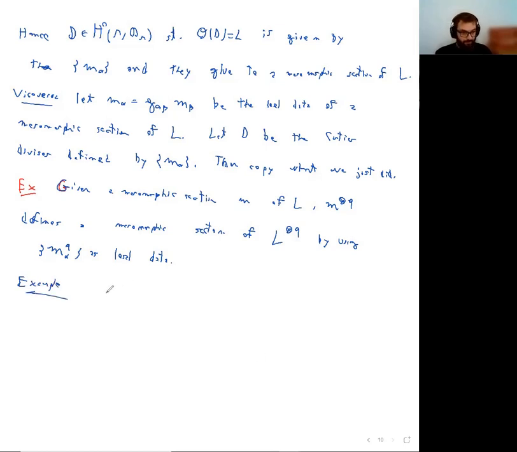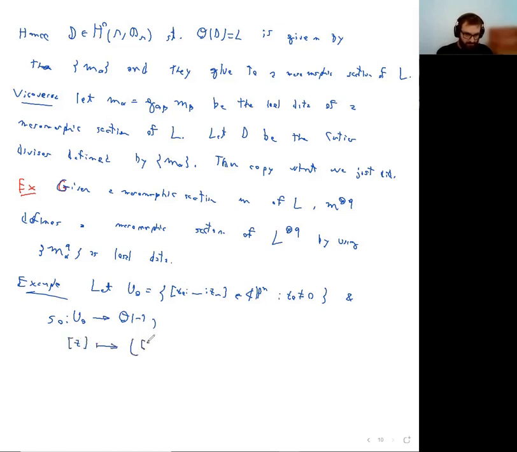So let's give an example. Let's take U0 to be the good old open set in CPN where Z0 is non-zero. And we take S0 from U0 to O of minus 1, which sends Z to (Z, 1, Z1 over Z0, ..., Zn over Z0).